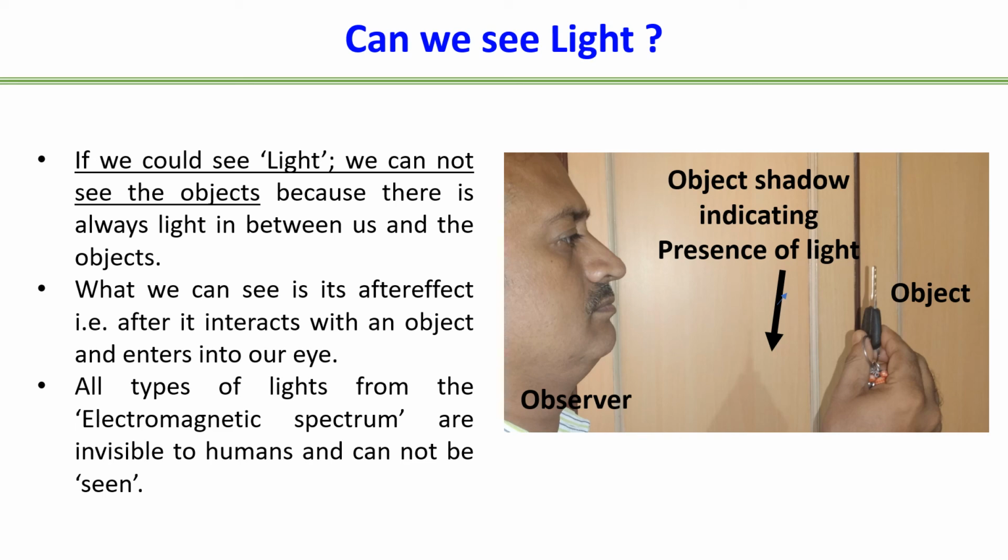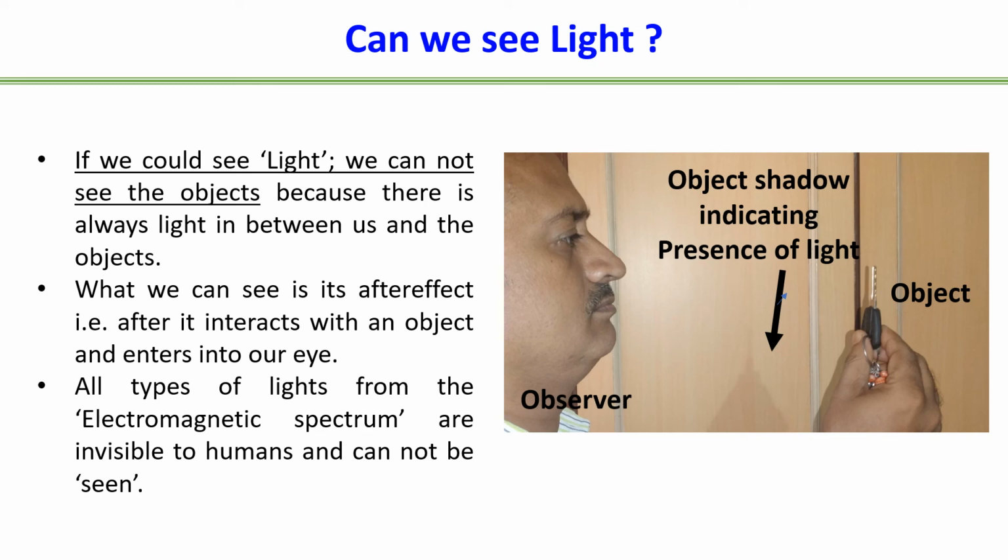It's because there is always light in between us and the object, and if we can see the object, probably we cannot see the light, and if we can see the light, probably we cannot see the object, because in between the object and the observer, there is always light present. So what we can see is its after effect, that is, when the light interacts with the object and gets reflected from this object and enters into the eye of the observer, we can see the after effect.